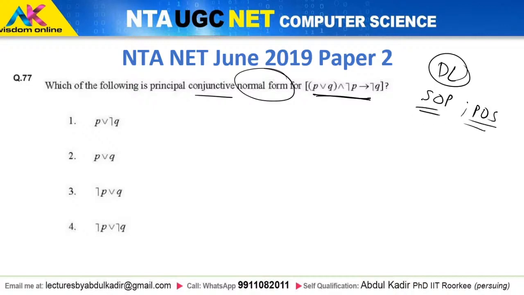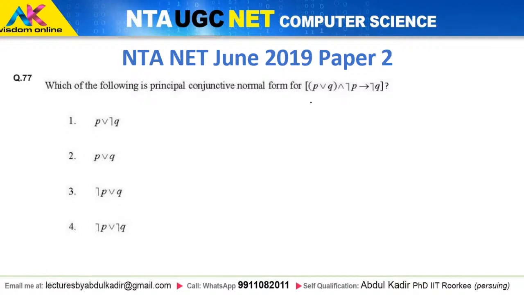SOP, sum of product, is nothing but the disjunctive normal form, and POS is nothing but the conjunctive normal form. We have already discussed this. When you study it there you can solve it. But okay, let me solve it. If anyone wants me to solve it, I can solve it right now.